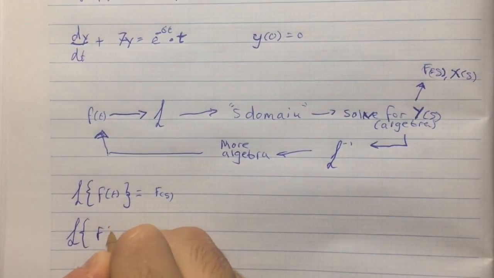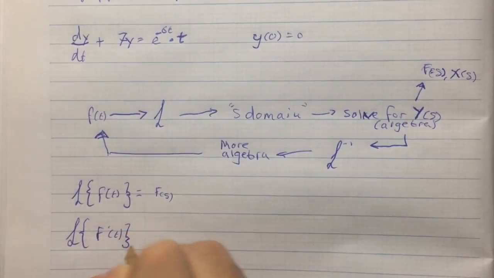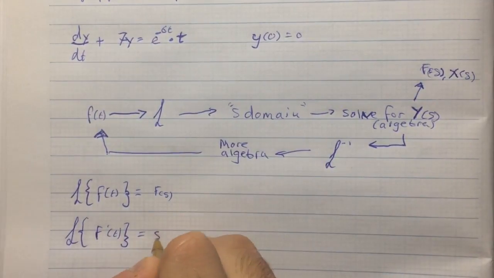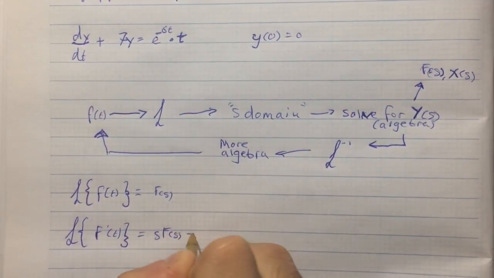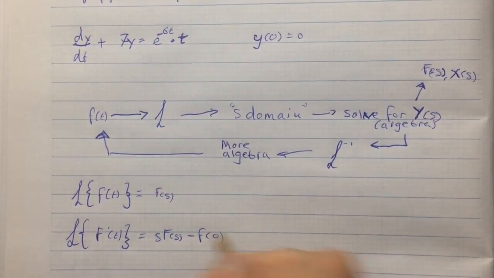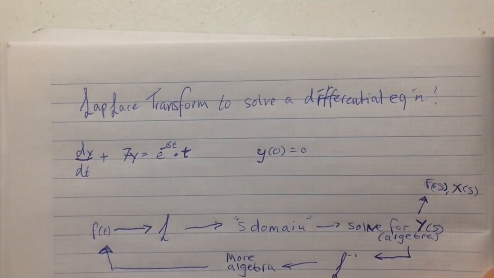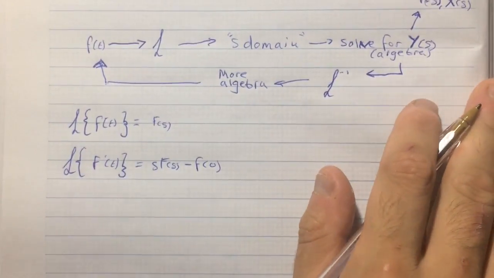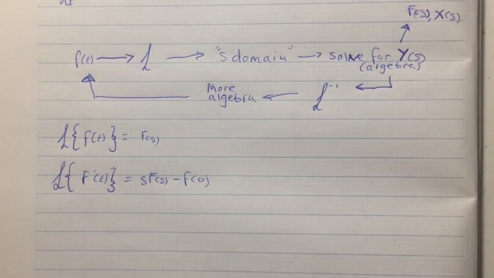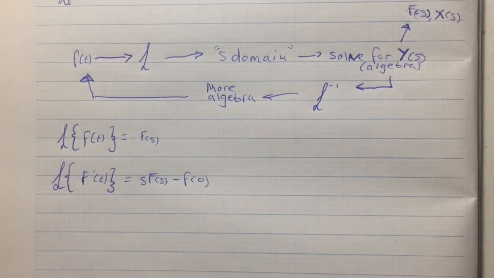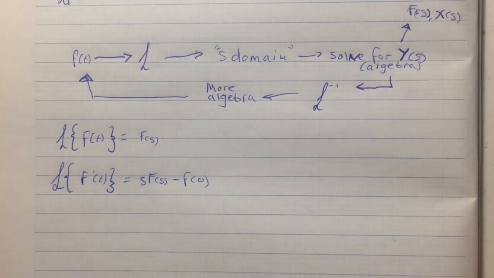If you want to take the Laplace transform of a derivative, it follows a pattern, but for this video, I am only going to show just these two rules, seeing as we only are dealing with the first derivative. But the Laplace transform to solve a differential equation is merely just another method to solve a differential equation. This is an alternative to exact equations, separable, linear, or homogeneous differential equations. You get the gist. So it's basically another method.